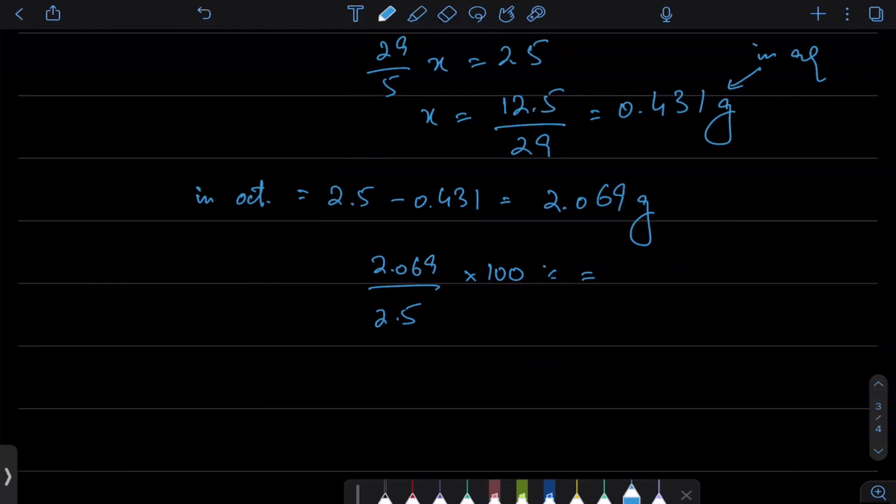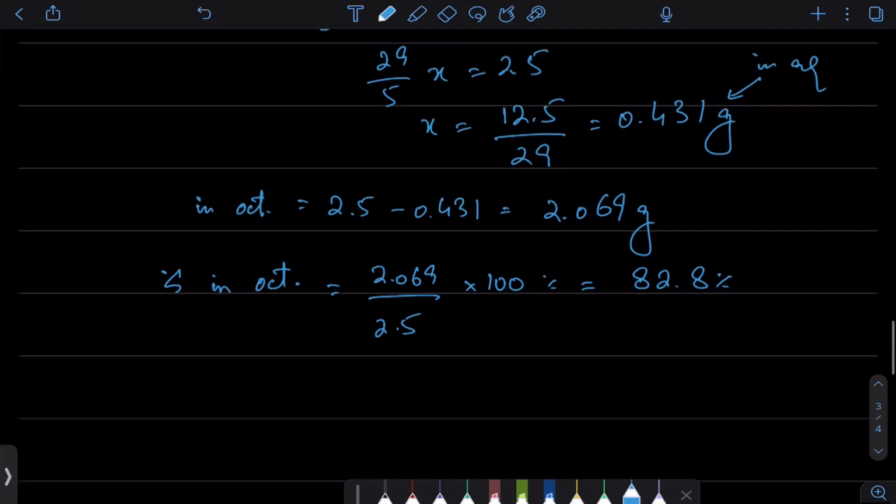If you were somebody who wanted to make this substance move into the octanol for some reason, then you might want to see a better value. So this value is almost 82.8%. So almost 83%. So percentage in octanol is this.